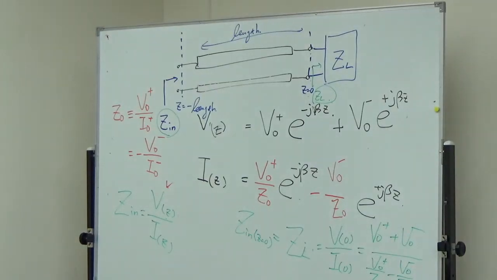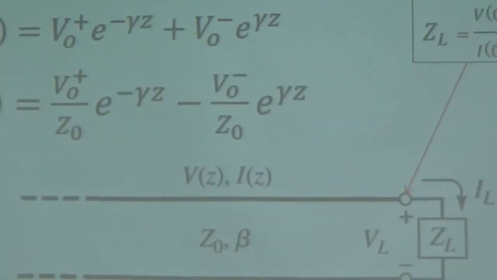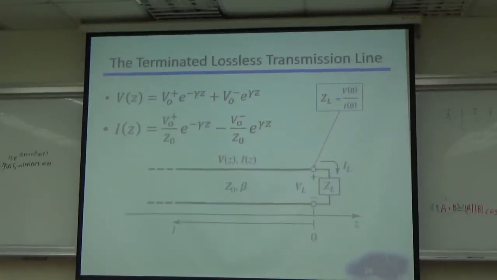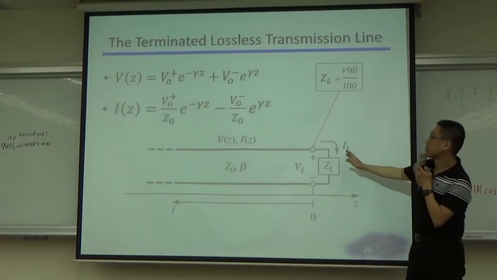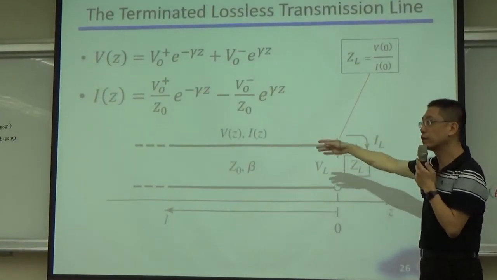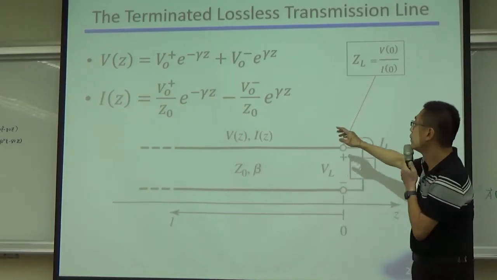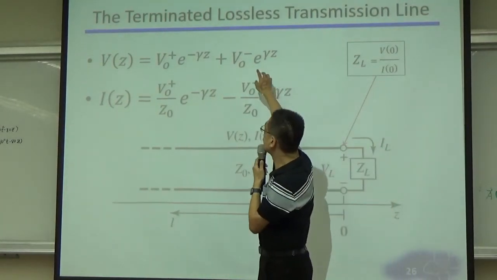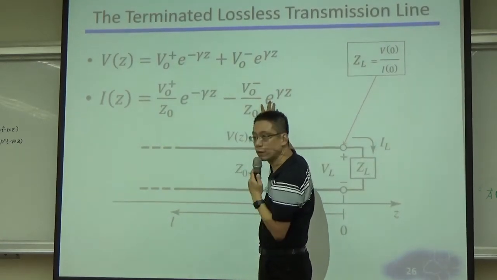If you understand why we are doing that, it is totally the same picture as what I drew down there. This is the total equation for the total voltage and the total current.